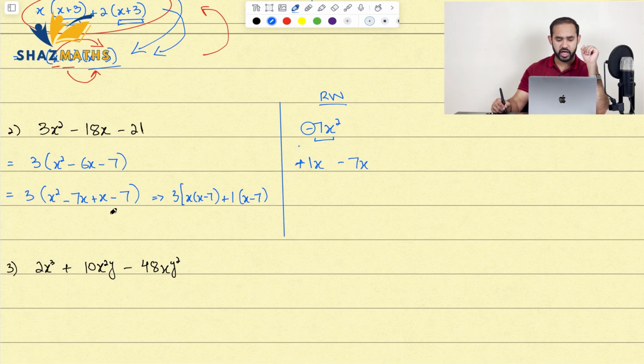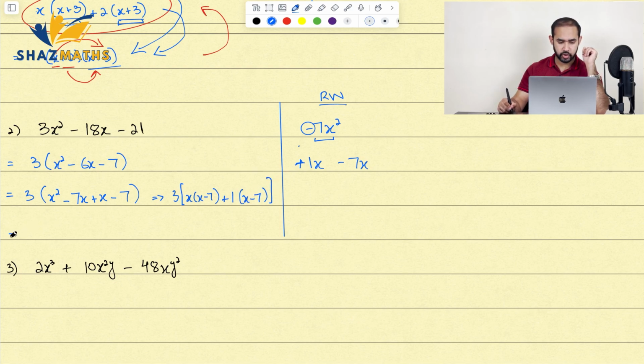So that's why, have a look here, it was positive x before taking out anything as common, and over here, even after taking plus 1 as common, it's still positive x, and this was negative 7 and it's still negative 7. Okay, so that's why I have taken positive 1 as common. I'm going to close the bracket.